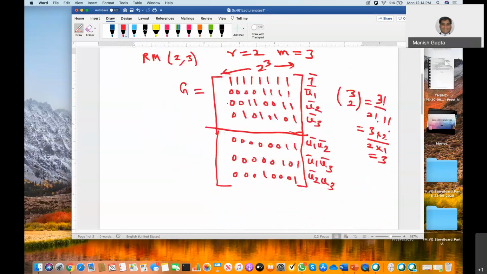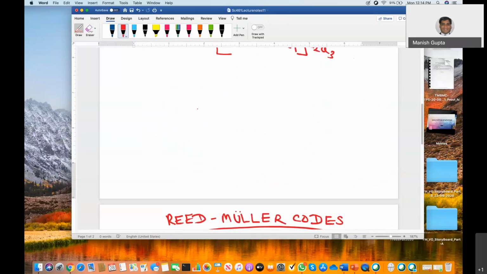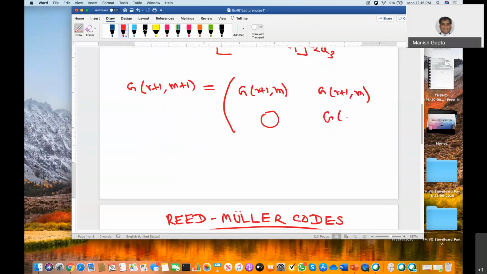So we can actually get a general idea which says that the generator matrix of the RM(r+1,m+1) code can be given as the generator matrix of (r+1,m), the generator matrix of (r+1,m), 0 block, the generator matrix of (r,m). This is how we can construct the generator matrix of higher order from a lower order matrix.